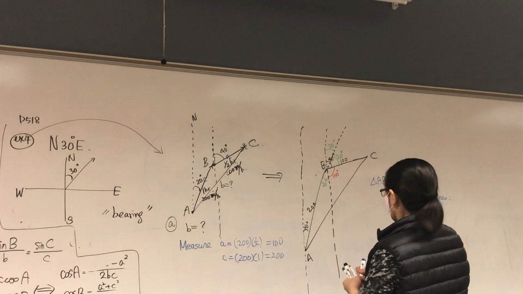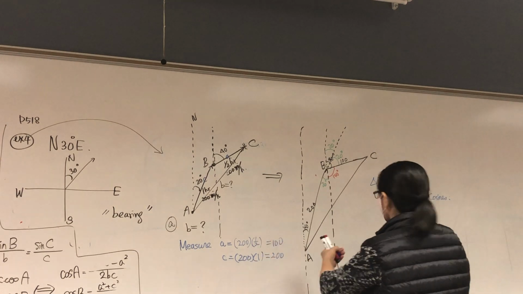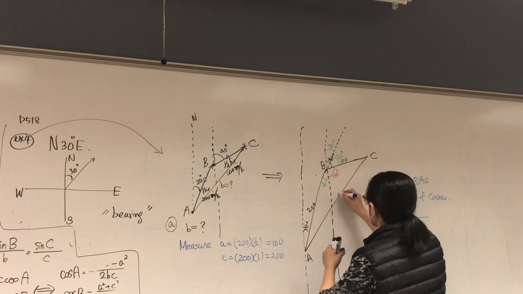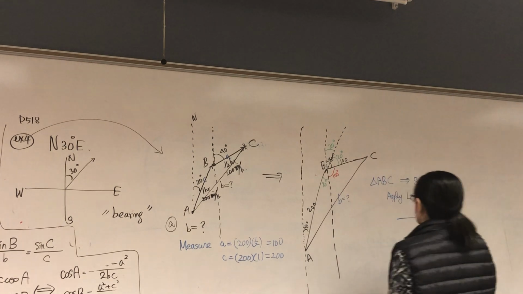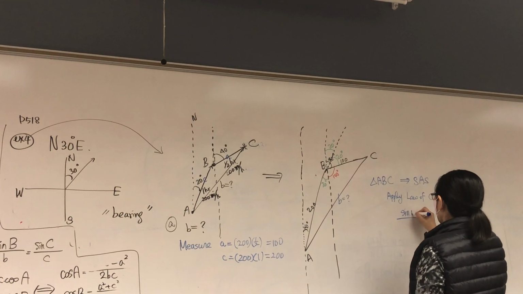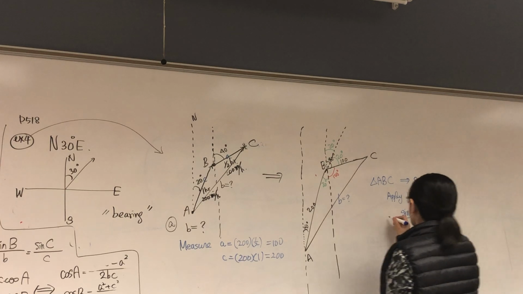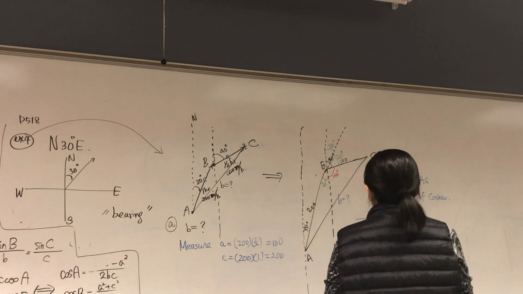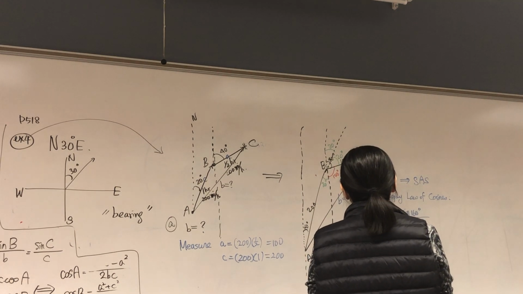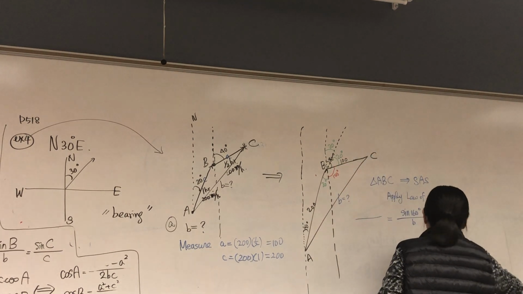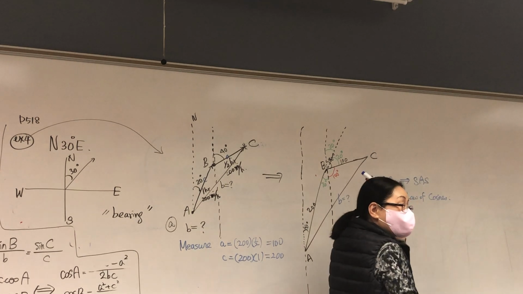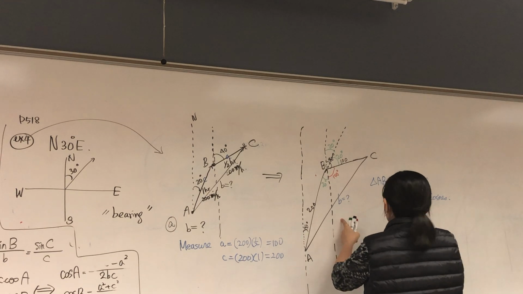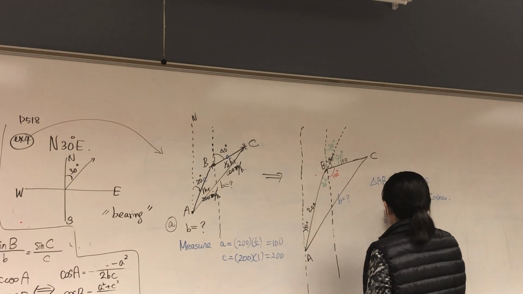Anyway, we need B, and we already have B. Yes, this is B. So, sine 160 over B is equal to... No, not good. Cosine, sorry. I'm too burned out. To figure out B squared, I'm sorry.